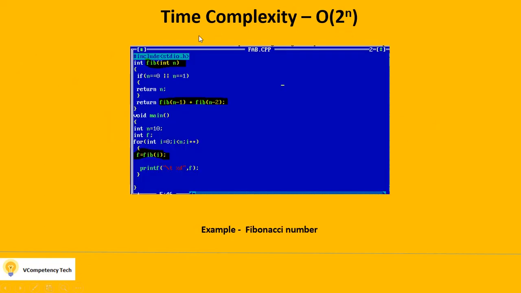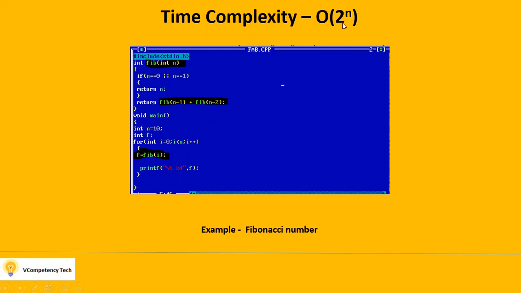Next, time complexity O 2 to the power n. So that is the Fibonacci number. How is it 2 to the power n? We are calling this Fibonacci method recursively 2 times for n numbers.